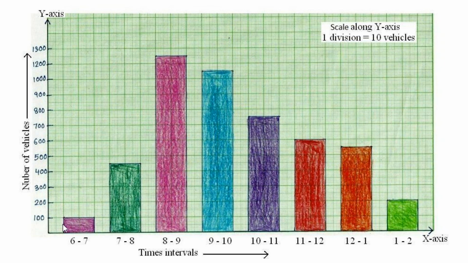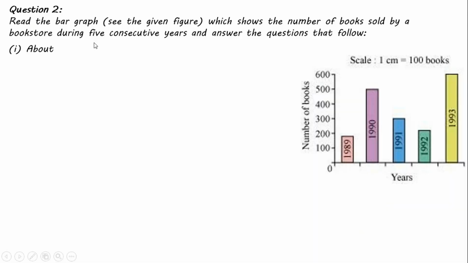Why? Because it denotes from here to here. So this line is denoted to 0 and this line is denoted to 100. Up to this is 200, 300, 400, 500, 600, 700, 800, 900, 1000, 1200, 1300, etc. Okay. We will talk about this later in next question.